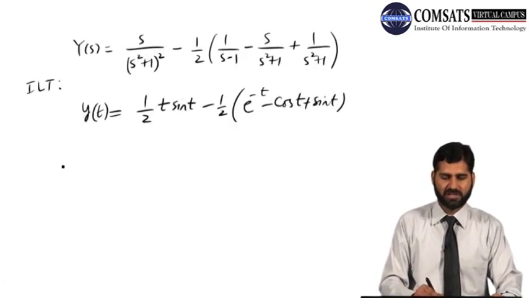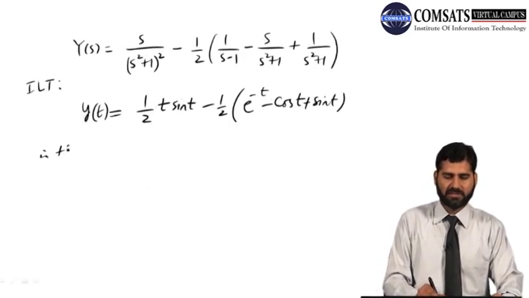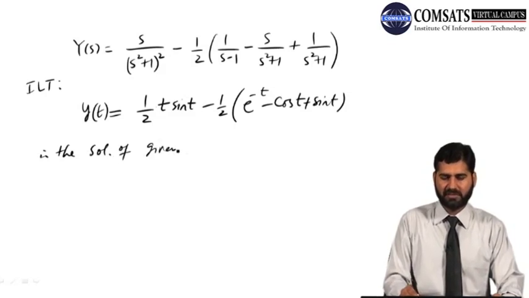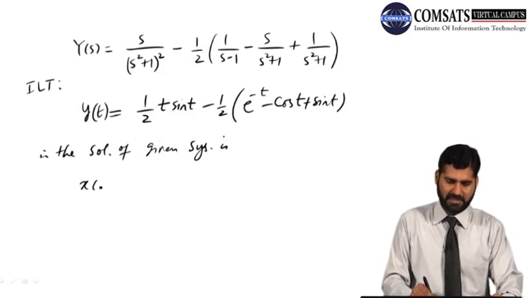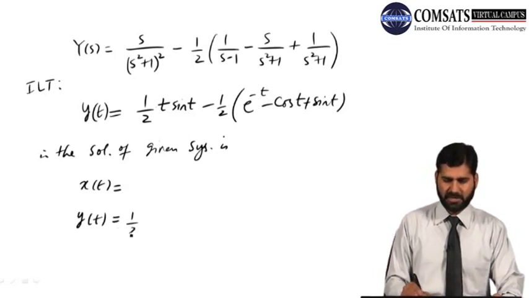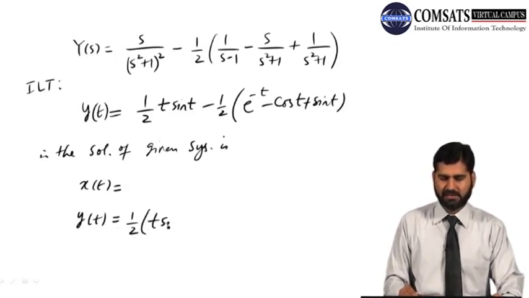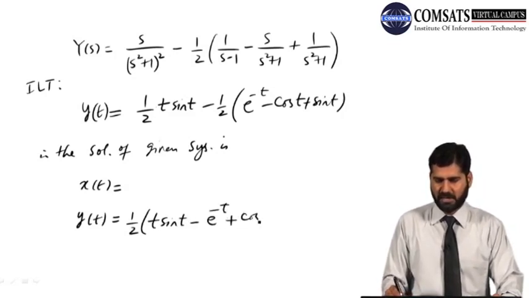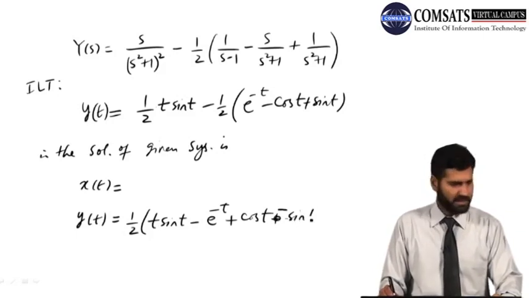So you got the solution of the system. Therefore, the solution of the given system is x of t and y of t. Alright, so if you want me to write it again, I can do it. y of t is t sine t minus 1/2 (e to the minus t minus cosine t plus sine t).